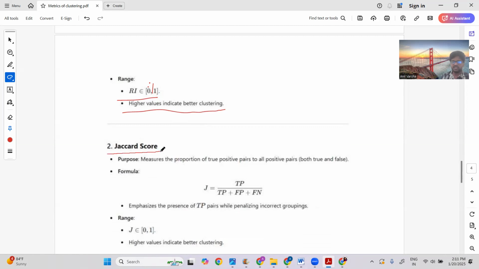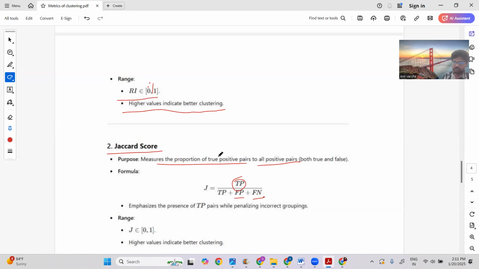Next there is something called the Jaccard score. It measures the proportion of the true positive pairs to all the positive pairs. Using the Jaccard score, we can also identify the performance of the clustering methods. Here it only takes some parameters into consideration: true positive, false positive, false negative.